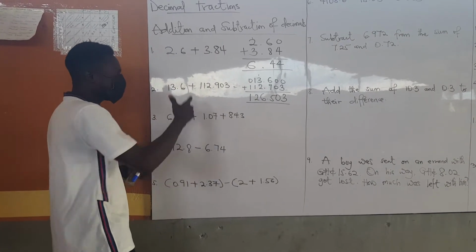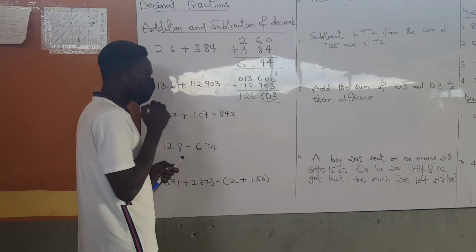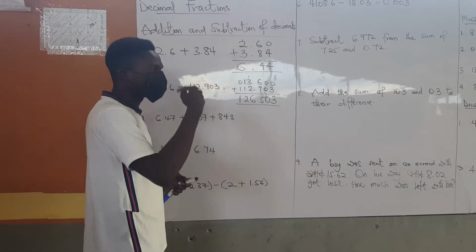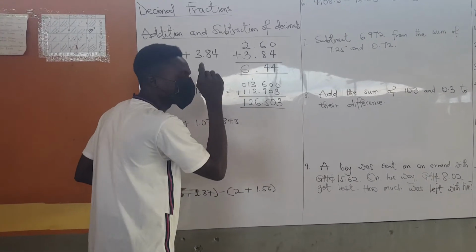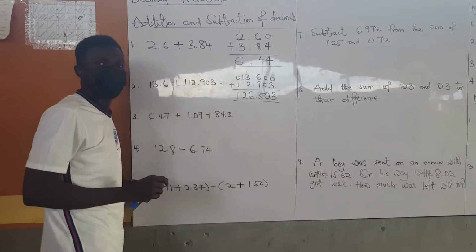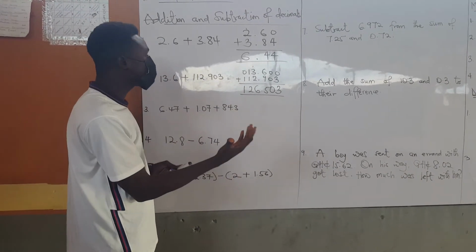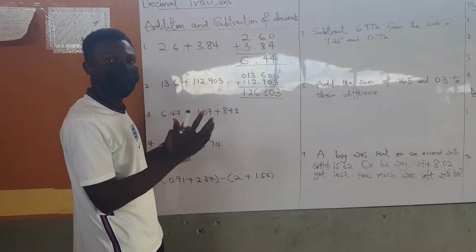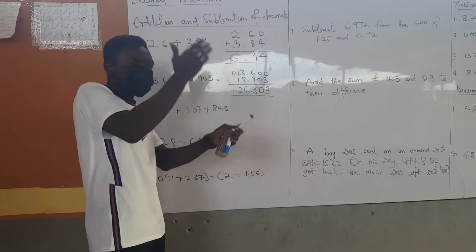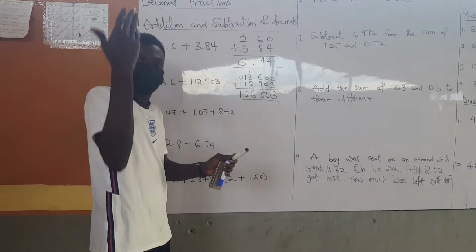So performing the addition of these decimals, we are going to get 126.503.